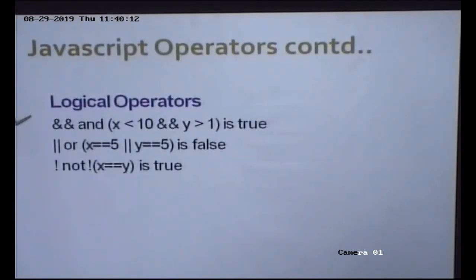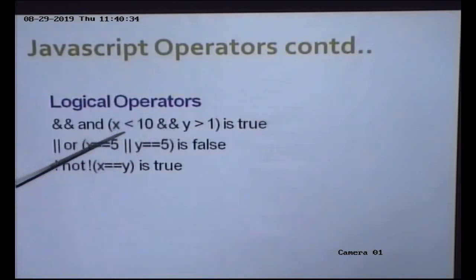Logical operators: if you want to compare more than one expression, then you go for the logical operator. See here, x is compared with 10 using the less than operator, then y is compared with another comparison operator, greater than.